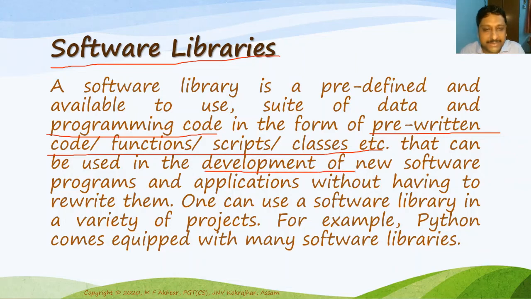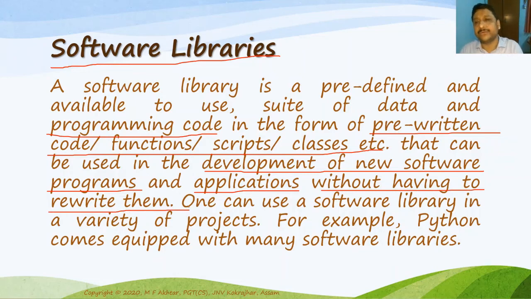And where is it used? It is used in the development of new software programs or applications without having to rewrite them again. Some code is already available, so why write that code again for our software? Just get that code, incorporate it in our software and rebuild the software. This is known as reusability. Reusability means we can reuse the same code in our new software if that code is already available.